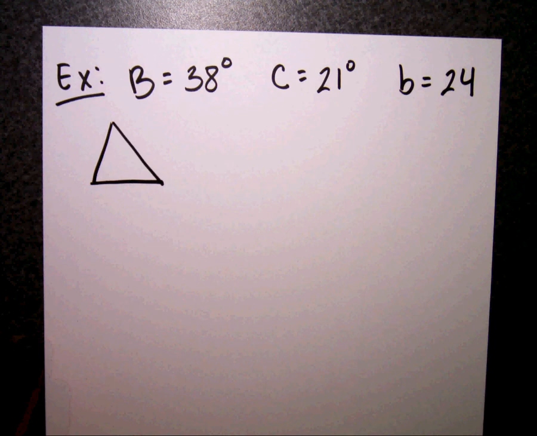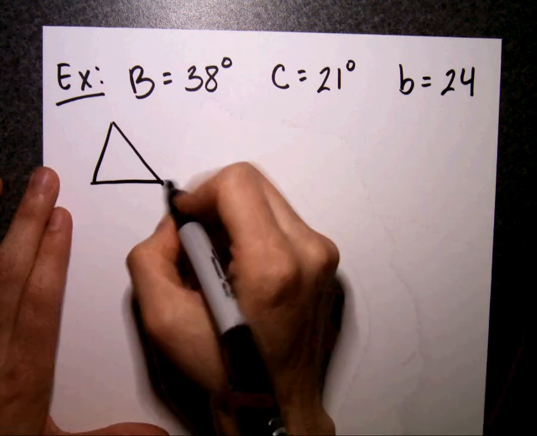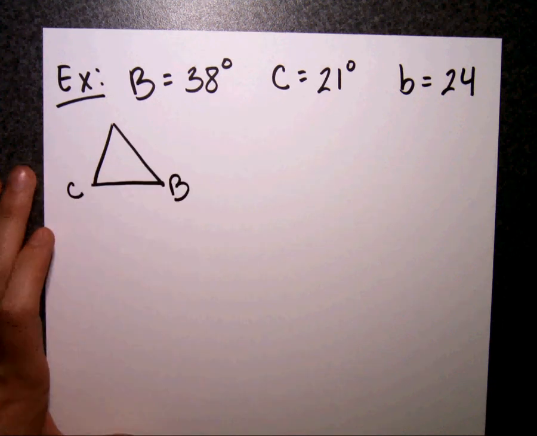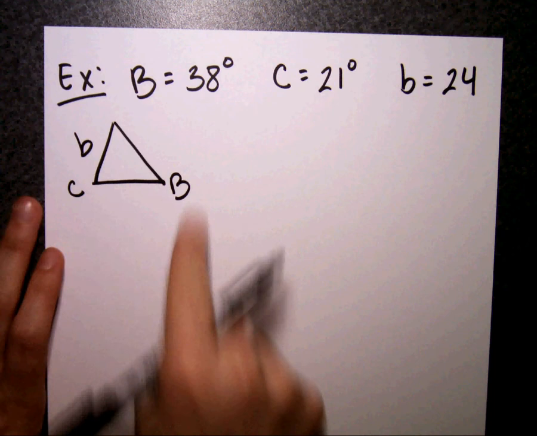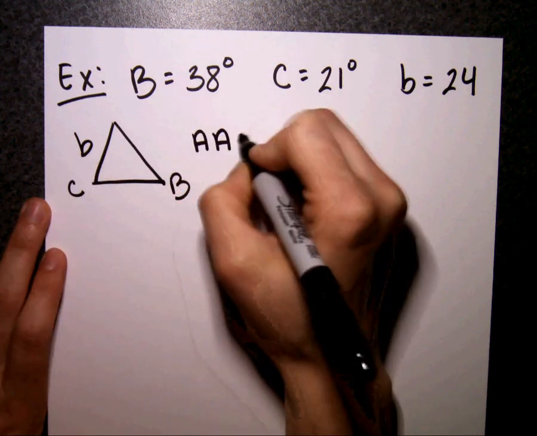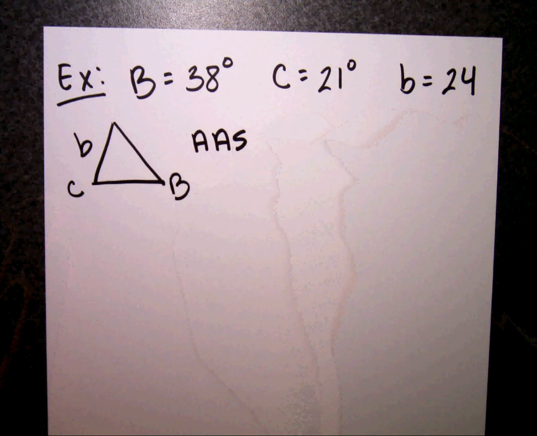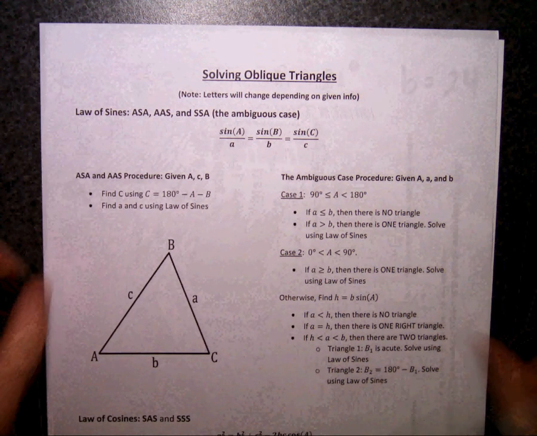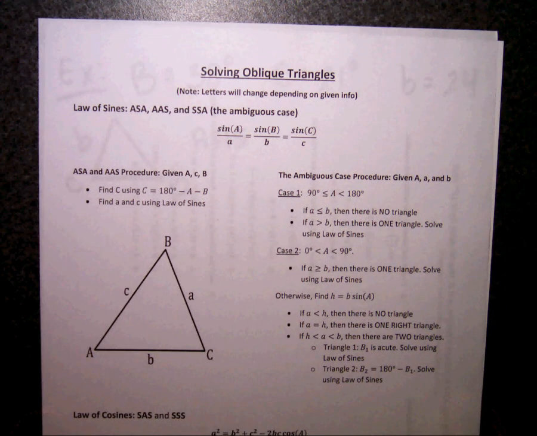So I have angle B, angle C, and side B. So I have angle, angle, side. On the back of your homework, there's a nice little printout that tells you exactly what to do depending on the information you're given.